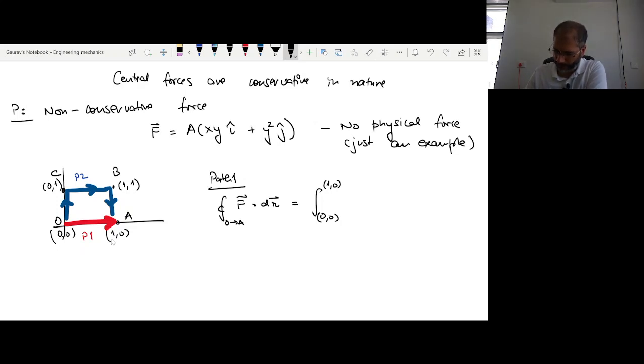So we can write our displacement dr as dx along i hat, and the force is a times (xy i plus y squared j), and it goes from (0, 0) to (1, 0).